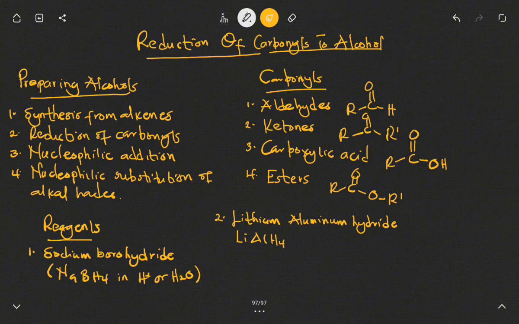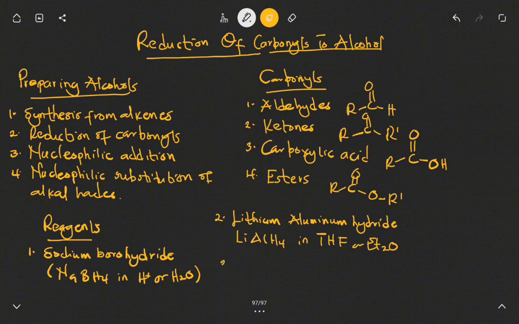And we can also complement this with acid, or we can use THF. THF is tetrahydrofuran, or we can use Et2O, that is diethyl ether. So we can use these two as reducing agents.